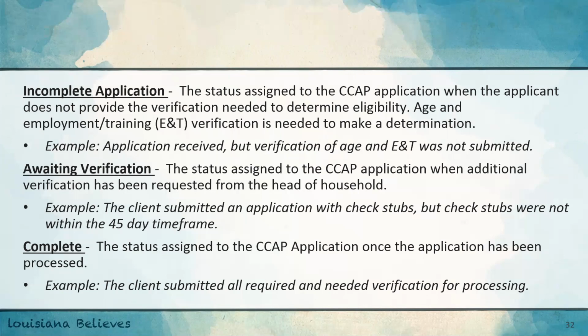In this case, the client must reapply. An example for awaiting verification is the client submitted an application with check stubs, but check stubs were not within the 45-day time frame. In this case, the client will need to submit check stubs within the 45-day time frame in order for the application to be processed.